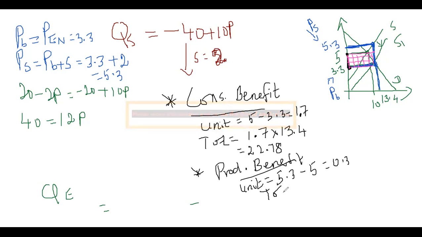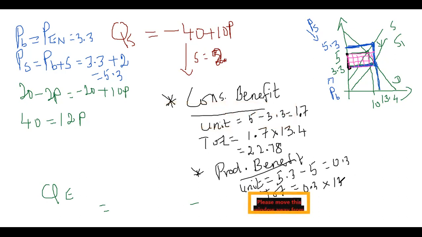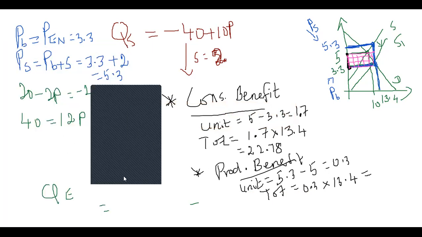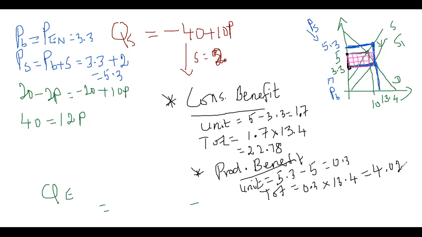Total producer benefit: for a unit 0.3, and total we have 13.4 units. Therefore, 0.3 into 13.4 will be 4.03. That means about 4 rupees and 2 cents producer benefit, and 22 rupees and 78 cents consumer benefit.